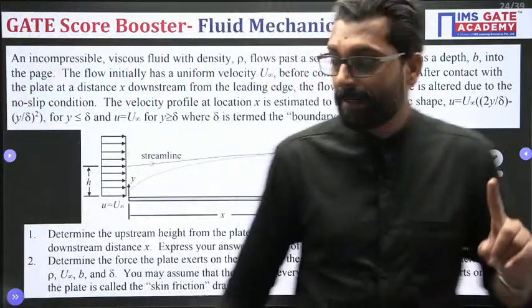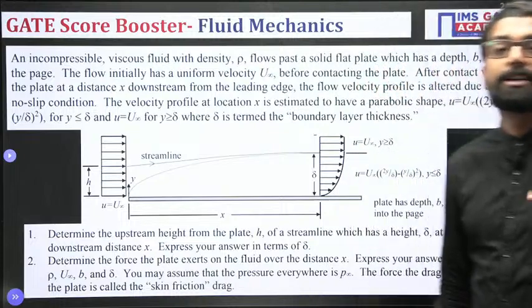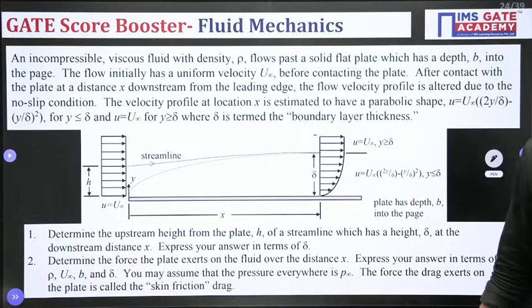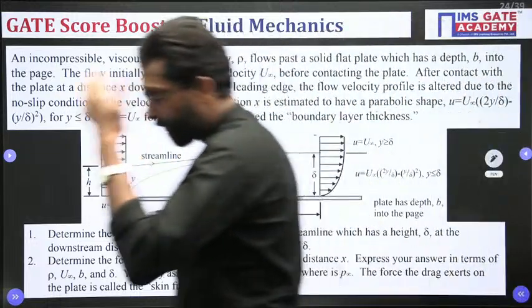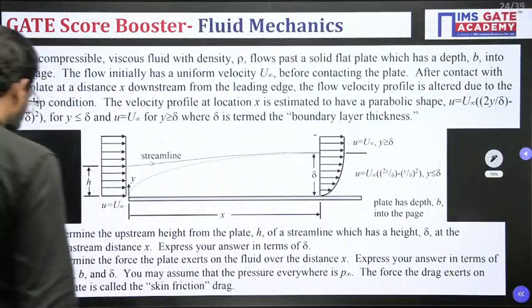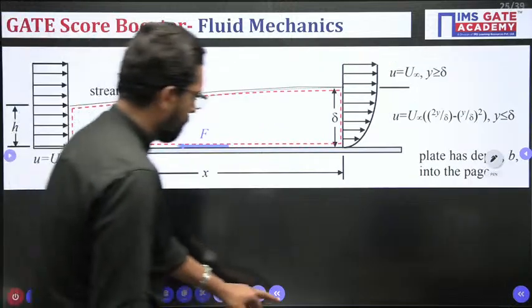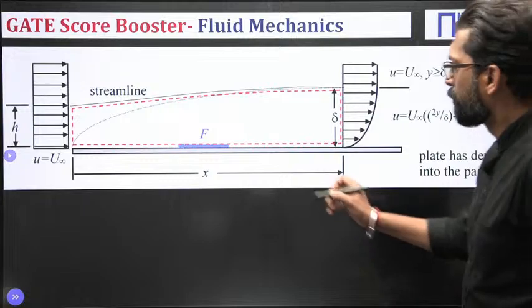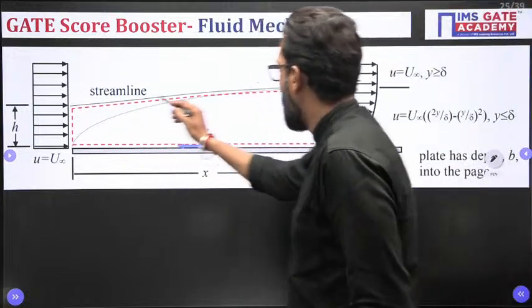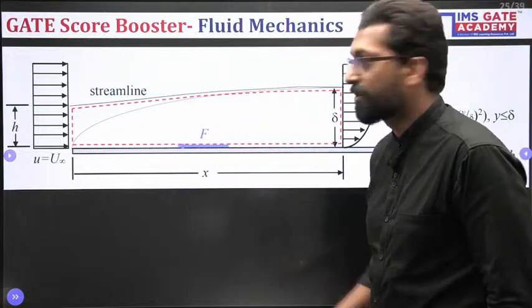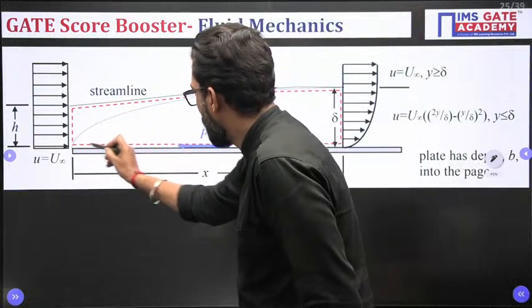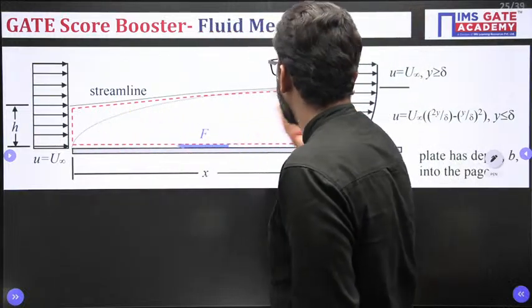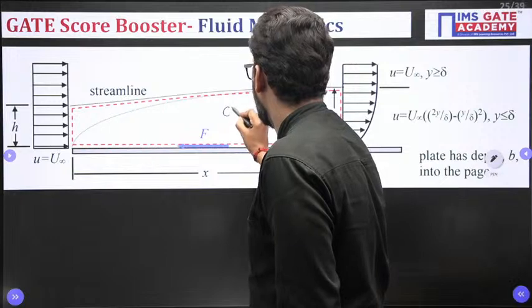In the second part, for the force, we have to apply conservation of momentum. We know the integral forms of the conservation of mass and conservation of momentum equations. So if this is our plate and this is our streamline, this is our control volume. The red dotted line is our control volume.